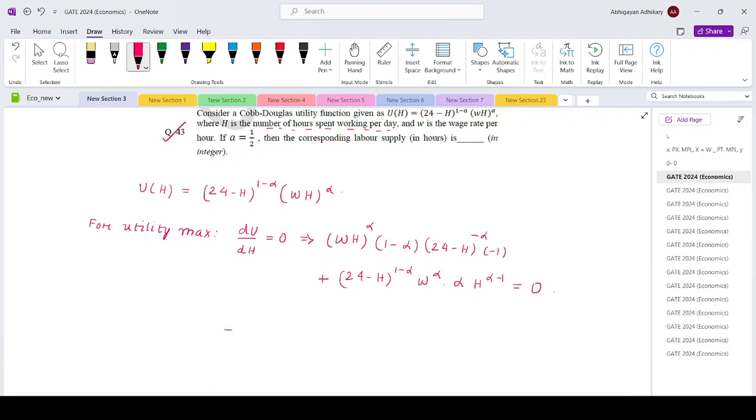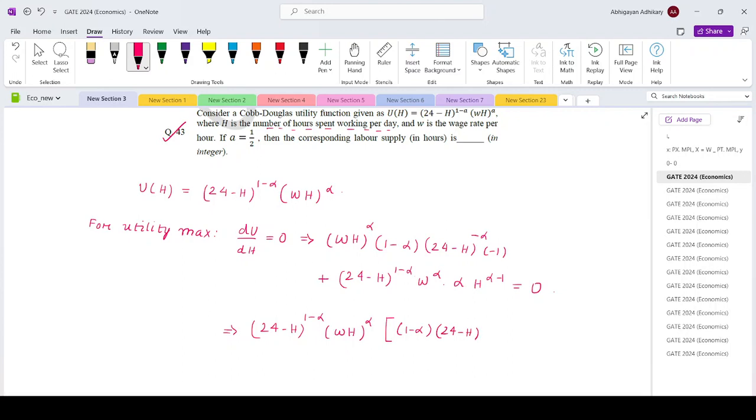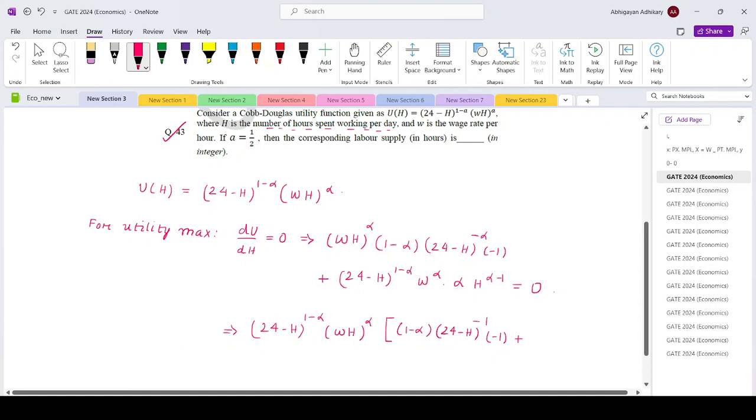So that implies, if you take (24 minus h) to the power 1 minus alpha (wh) to the power alpha common, then you'll have 1 minus alpha, (24 minus h) raised to the power minus 1 into minus 1, plus alpha w into (wh) to the power minus 1 is equal to 0.